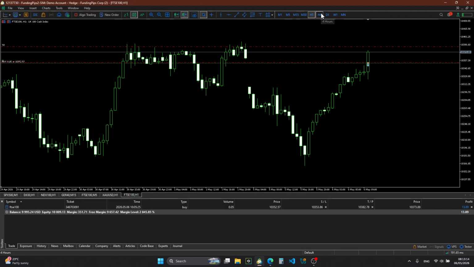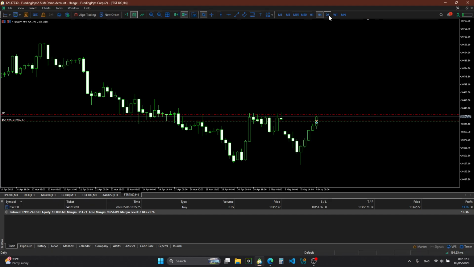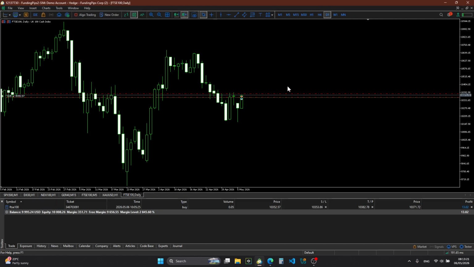So I put the target there where most of the candle bodies here at that area of resistance are roughly. And also I felt like I have a 26 point stop loss, so one on one.